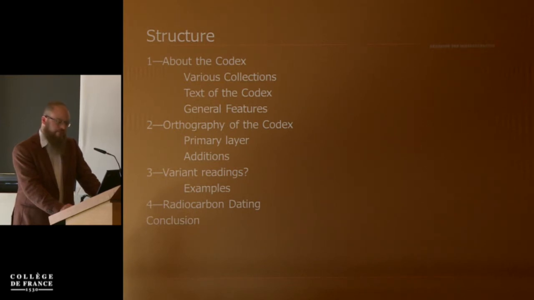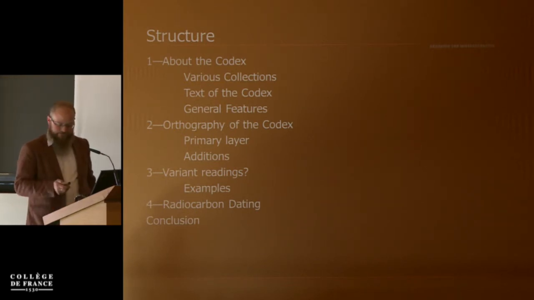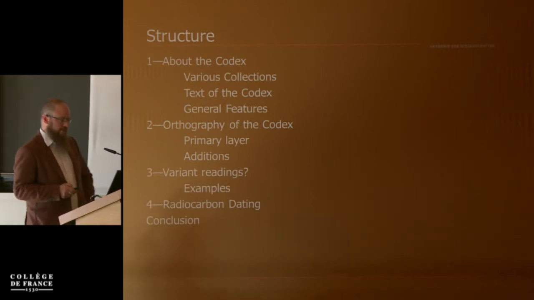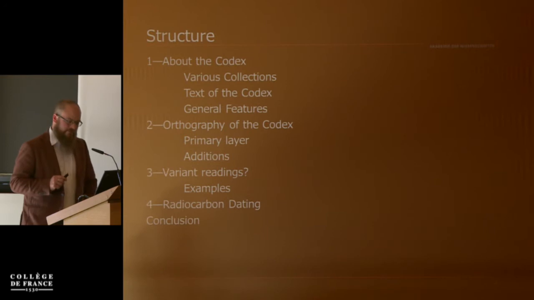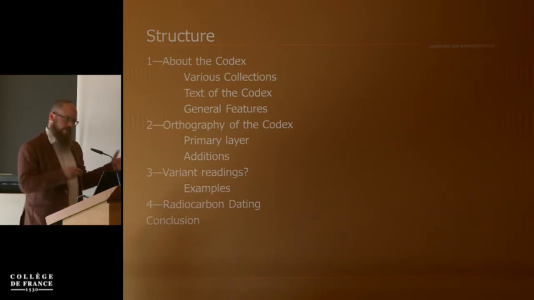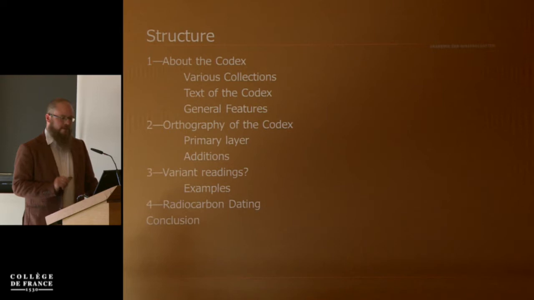Then 2 examples for variant readings. And as we do not exactly know where this codex came from, we assume it is from the Fusṭāṭ library, but especially from what time it's coming, some radiocarbon dating results.